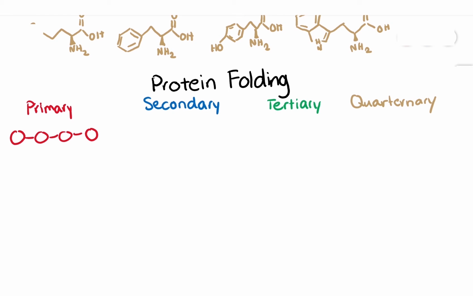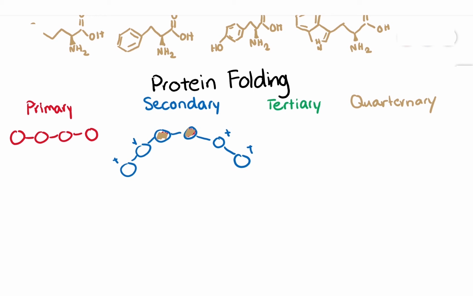So for an example, if you have, let's say, 6 amino acids, and these amino acids are charged and these ones are not, or I guess we're going with gold for nonpolar, so gold.